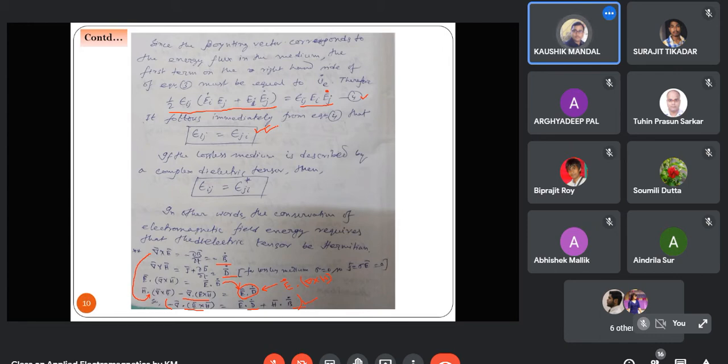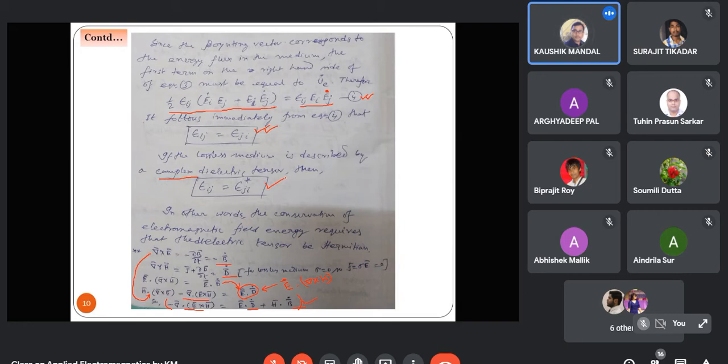So in that way, we can say that if equation 4 is to be true, then epsilon_ij will be equal to epsilon_ji. And if the lossless medium is described with the help of a complex dielectric tensor, then epsilon_ij will be equal to epsilon_ji star, so their complex conjugates will be equal.